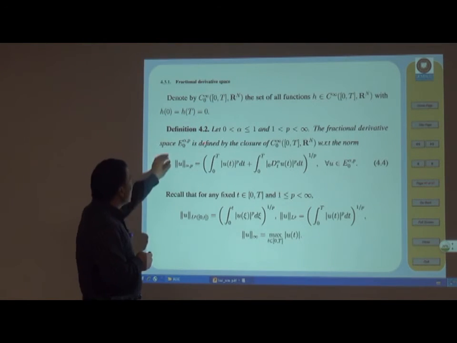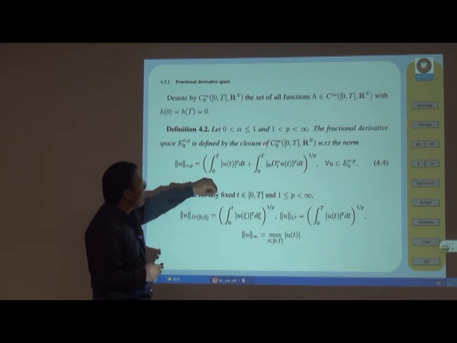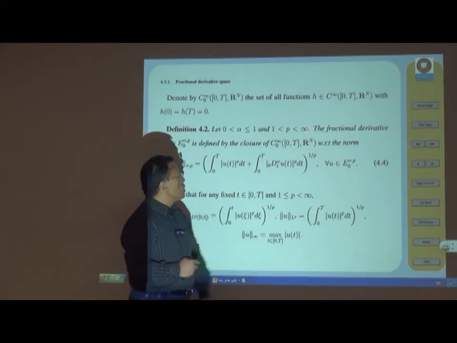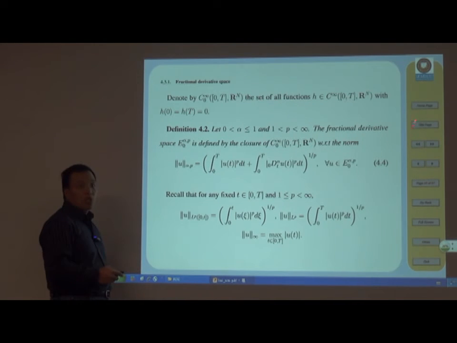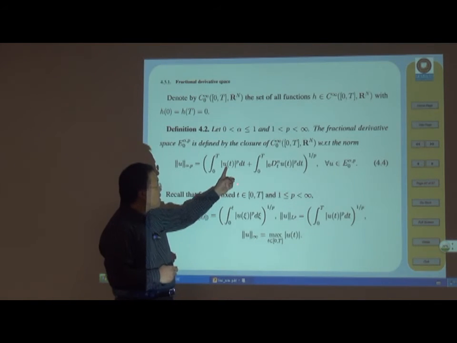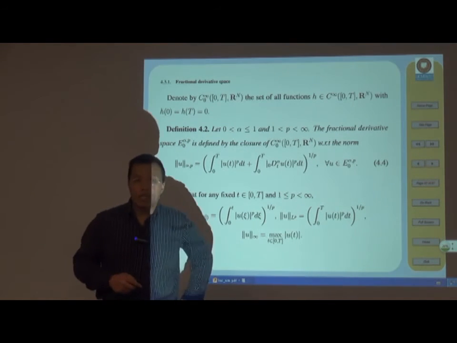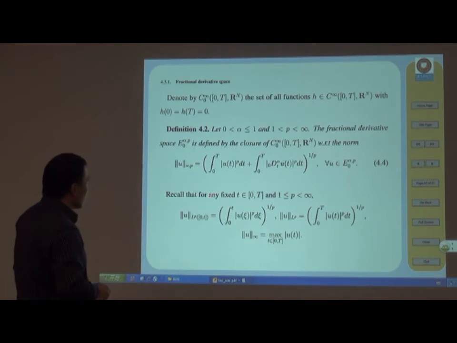And now we can give the definition of the fractional derivative space. E0 alpha P is defined by the closure of this space with respect to this norm. And this is u, and this is u's fractional derivative.